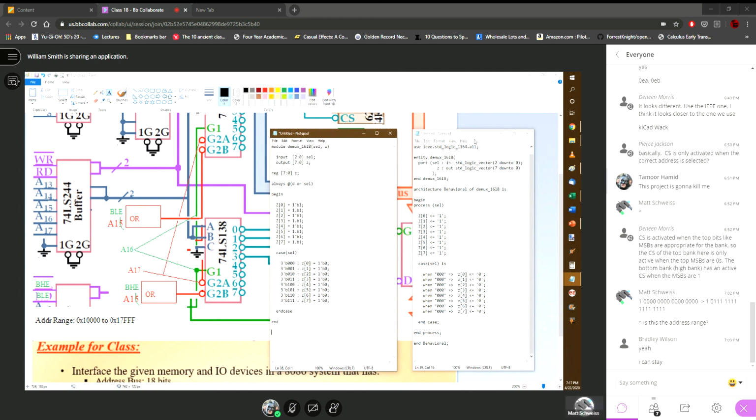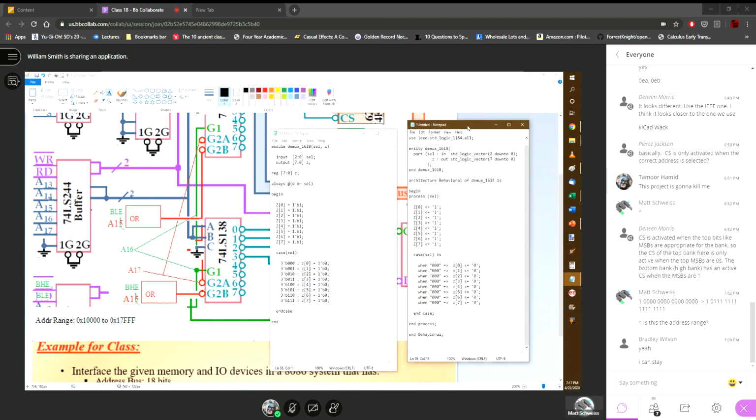Just to point out, the TAs haven't given us any briefing on what VHDL is, how to use VHDL, how to set up VHDL, if it's on GL. So do me a favor.